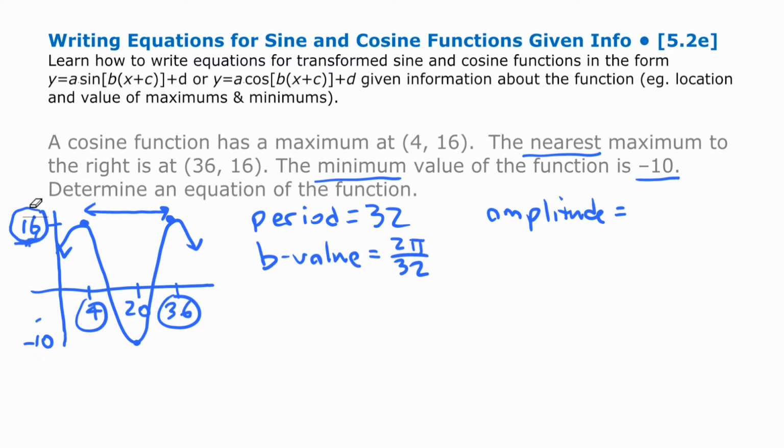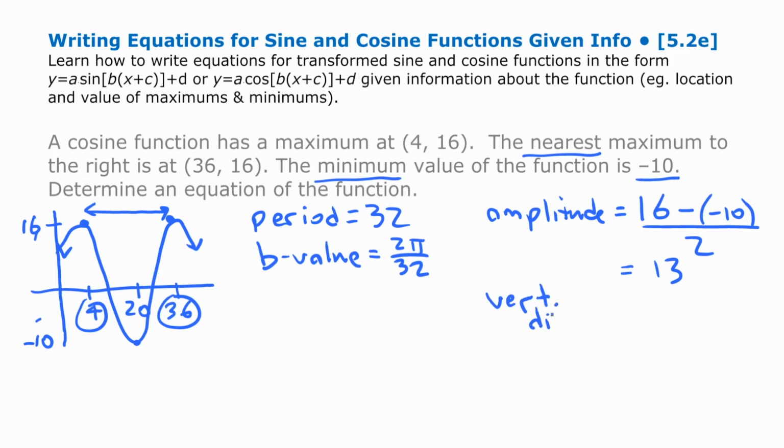So if we say it's 16 minus -10, that's going to be the difference in between those two things, divided by 2, half the difference. So 16 minus -10, 16 plus 10, 26 over 2 is 13. Our amplitude is 13.